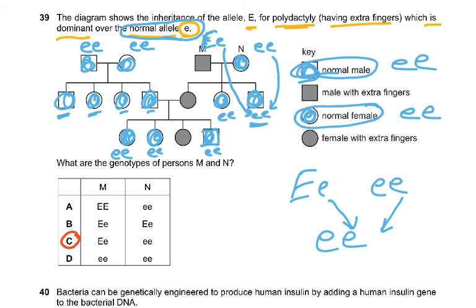But look at the other way where you get this wrong. If you say that this is homozygous, then how is the child small e, small e? This has to be small e, because one parent has given it a small e and the other parent has given it a small e. That is why the couple M and N have a normal child, which is small e, small e.